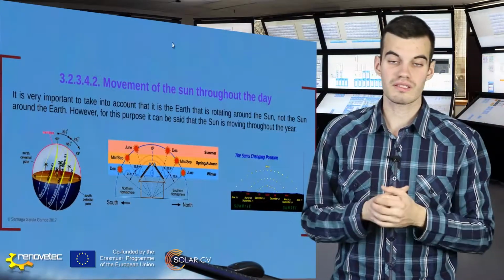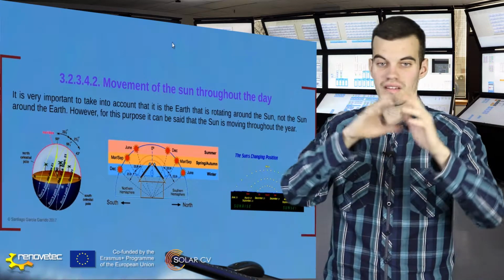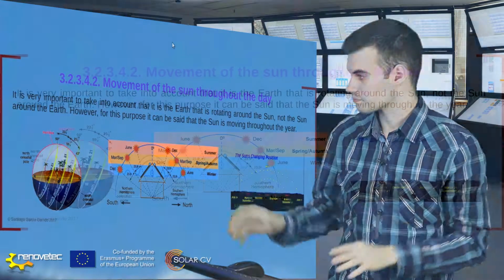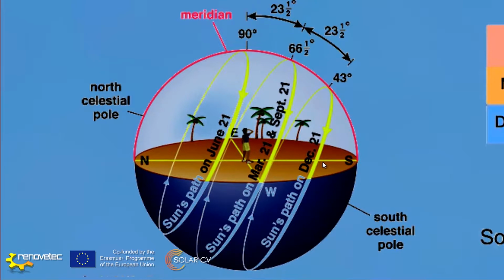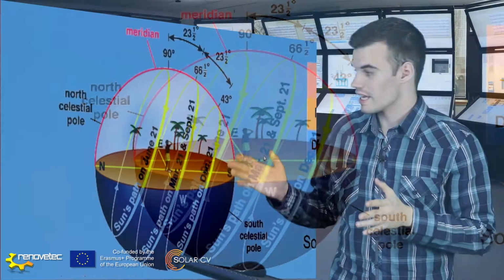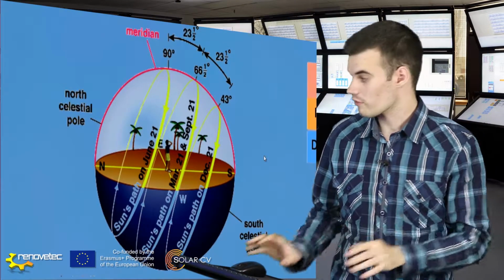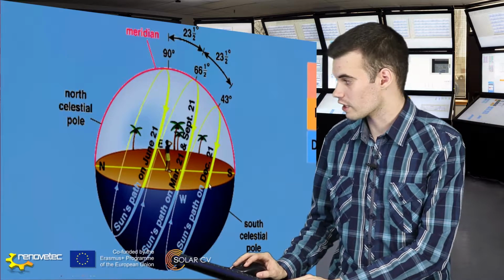Although the Earth is rotating around the sun, for our purposes it must be understood that the sun has a movement throughout the year. In summer the sun hours are higher than in winter. Here we can see the yellow circle, which is higher than in winter.